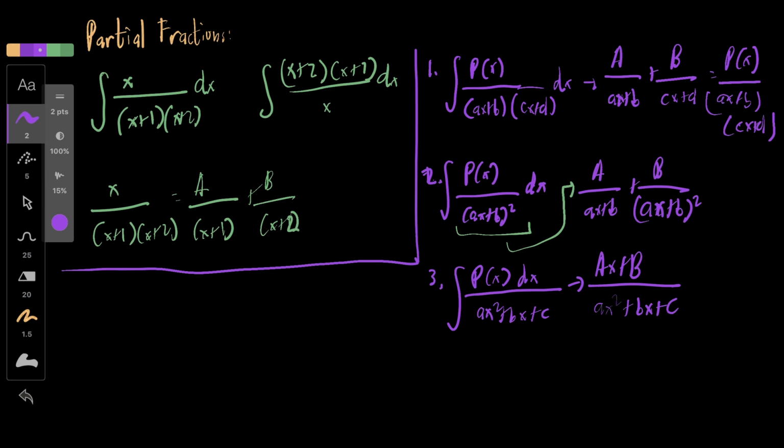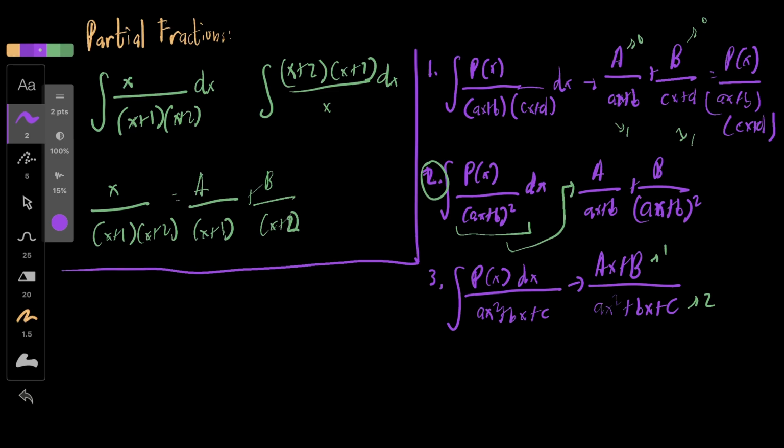And the reason it's ax plus b is that if you look at the case where it's not repeated, you see degree 0, degree 1, degree 0, degree 1. So there's always a degree difference of 1 between the numerator and denominator. And we're doing the same thing for this: degree 1, degree 2.